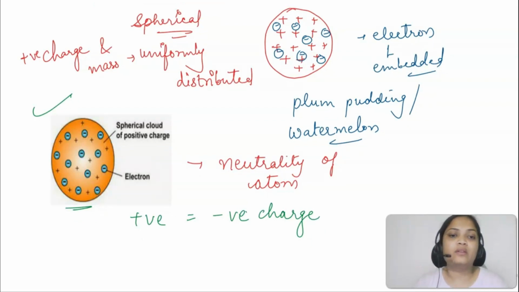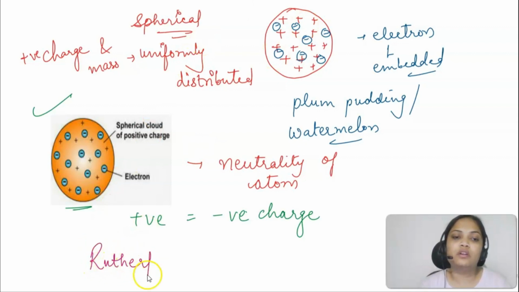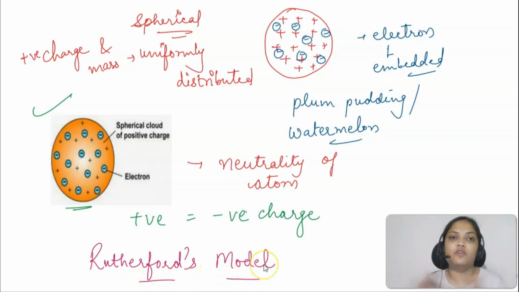Okay, everyone. So now we will be talking about the next model, which is Rutherford's model. Because the Thomson model, as we have studied, talked about the neutrality of the atom, and he said that the mass of the atom is uniformly distributed. Now let's see what Rutherford did.